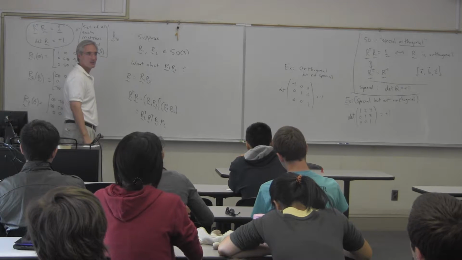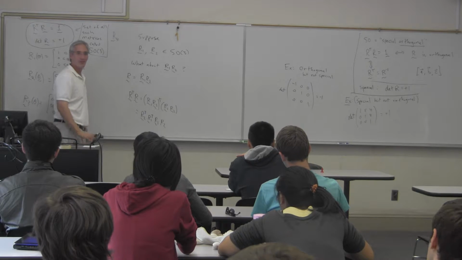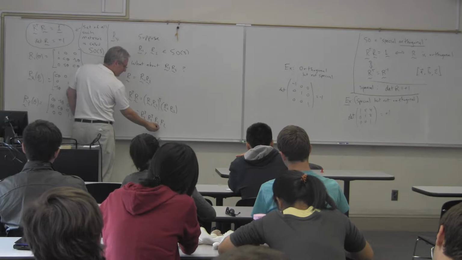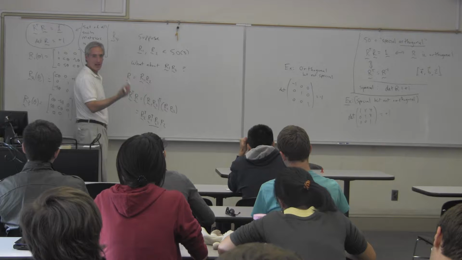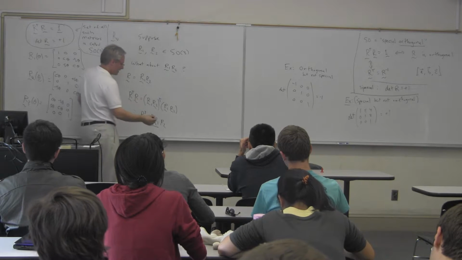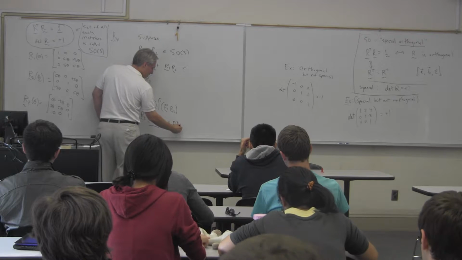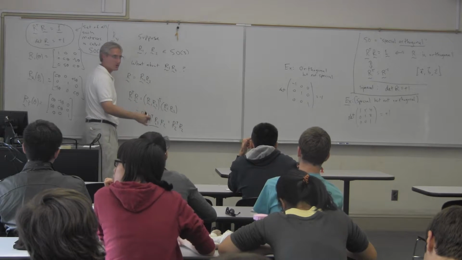People are smiling. I think you've seen it before. So R1 transpose times R1 is equal to the identity matrix, and the identity matrix we can just forget about. So this is equal to R2 transpose times R2.